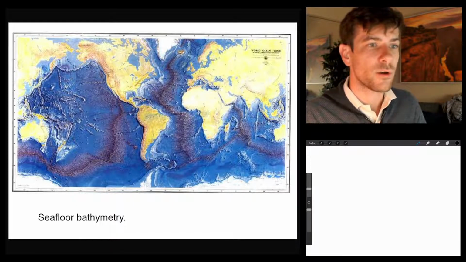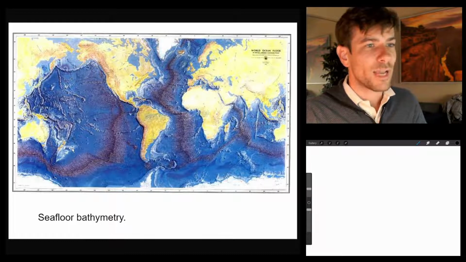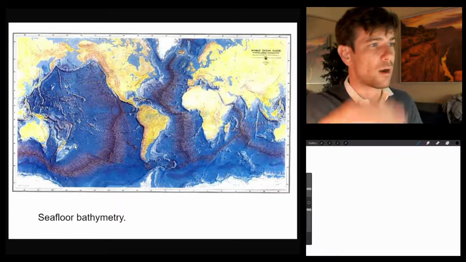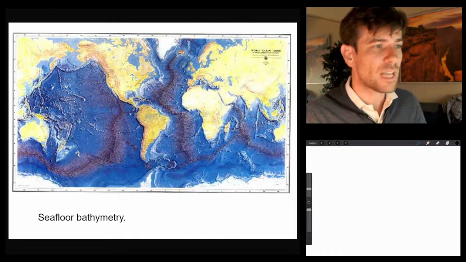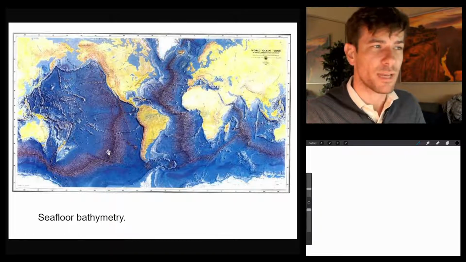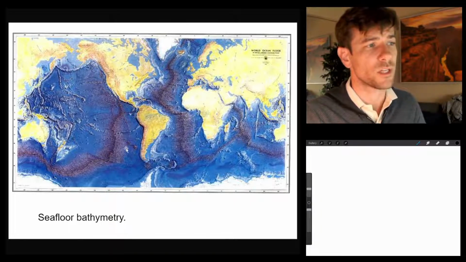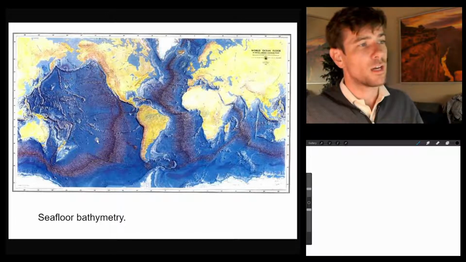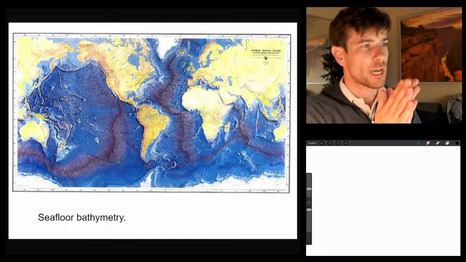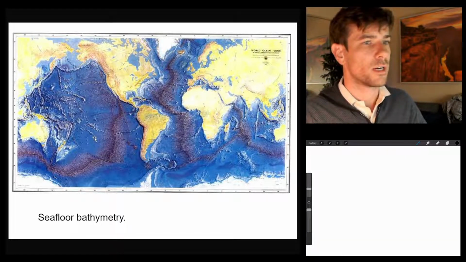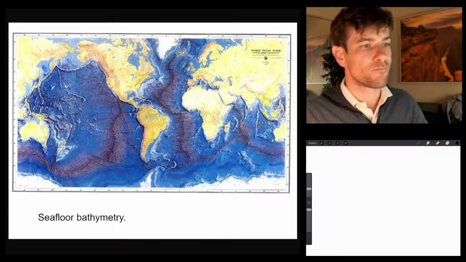So it's a very heterogeneous distribution of seafloor when it comes to how high it sits, and that's an interesting observation, right? I don't know if Harry Hess was the first person to make that observation, but he was certainly the first person to put it together with this idea of convection and upwelling of hot material at the ridge axis and downwelling of cool material in these trenches, right?